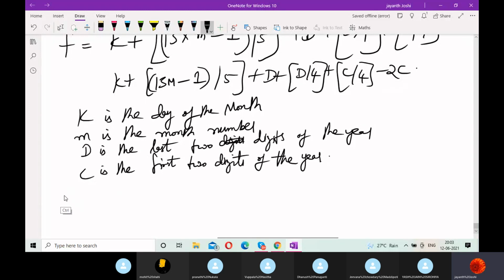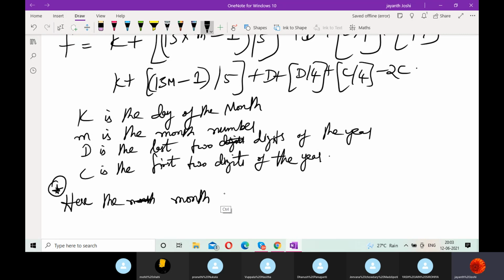You should remember that the month starts from March, not from Jan. Here, it's a key point. You can do the question with the concept which I gave, but this is also a shortcut method. Here the month starts from March in this formula.